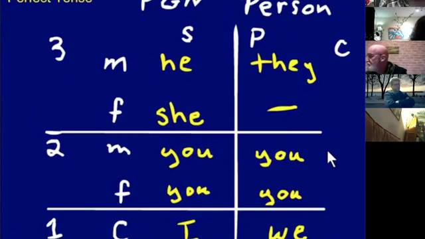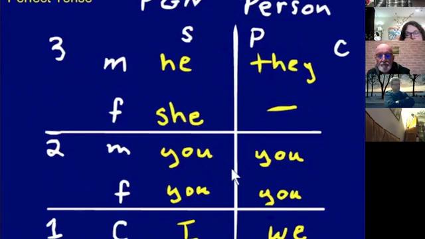This is the most complete one. And when you move into participles and infinitives, well, participles don't have person because they're a bit more like a noun, and infinitives don't have any of this, so they're even simpler. But this is the fullest form, and we'll list them in this way. Singulars over here, plurals over here, starting with third, second, and first person, and then for each of these two, it'll be masculine, feminine, masculine, feminine.